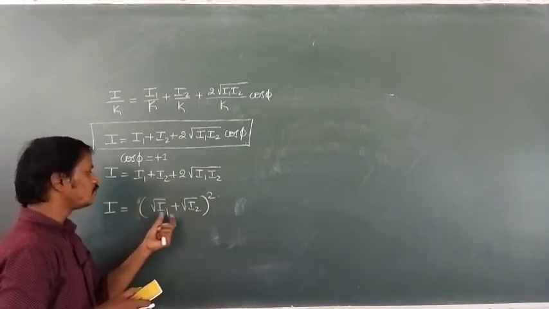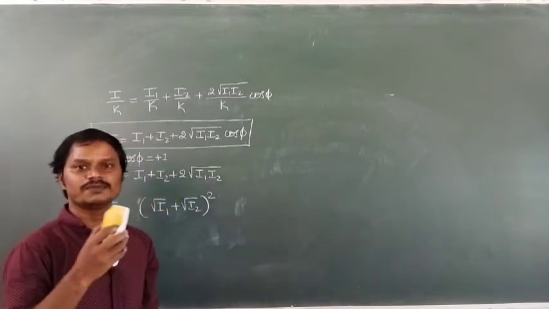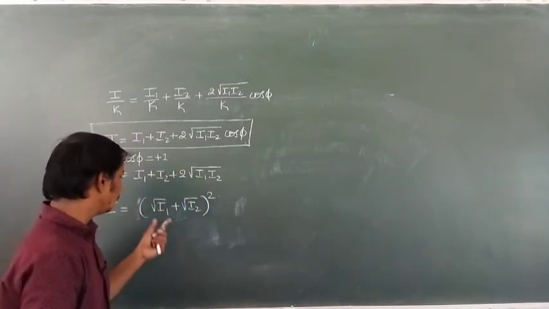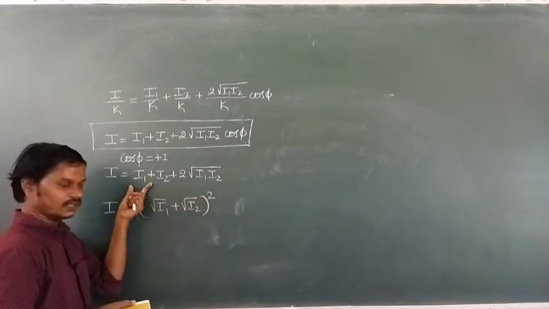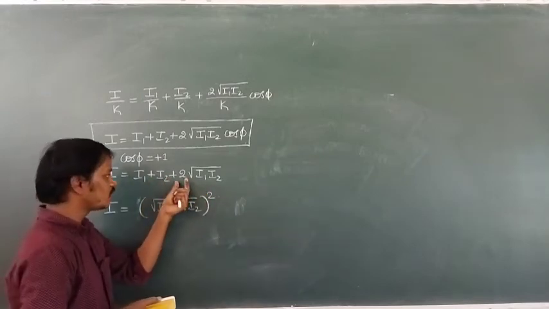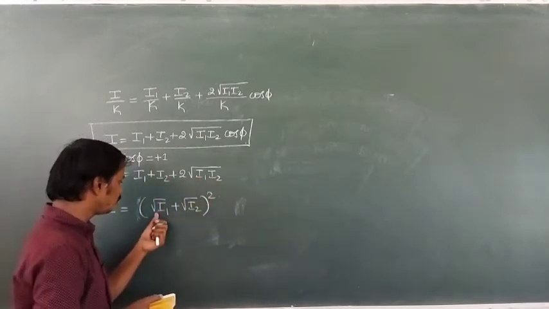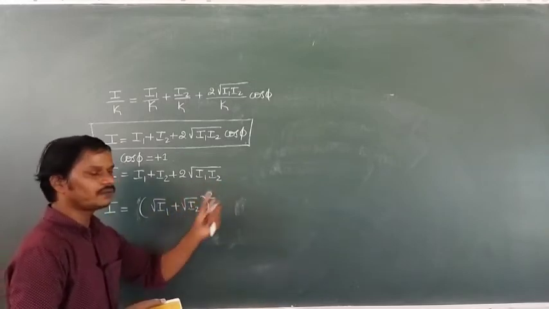See here, A plus B whole square formula. What is A plus B whole square? A square plus B square plus 2AB. A square means here root I1 square is I1, and B square, root I2 square, is I2, plus 2AB means 2 into root I1 into root I2, that is root I1 into I2.